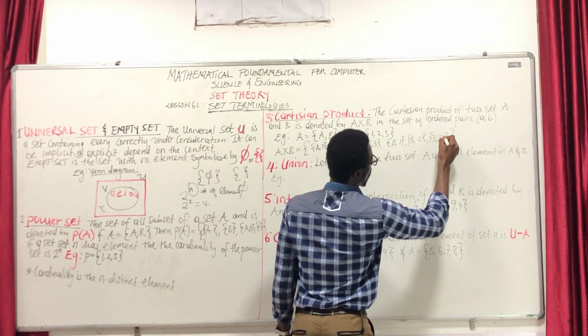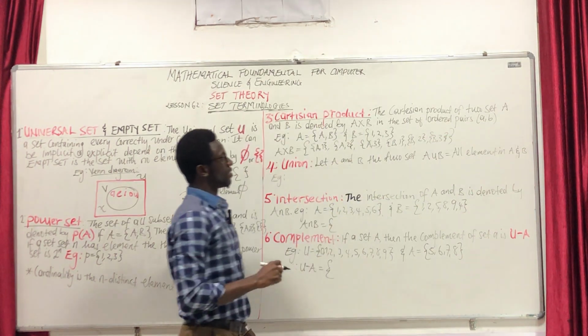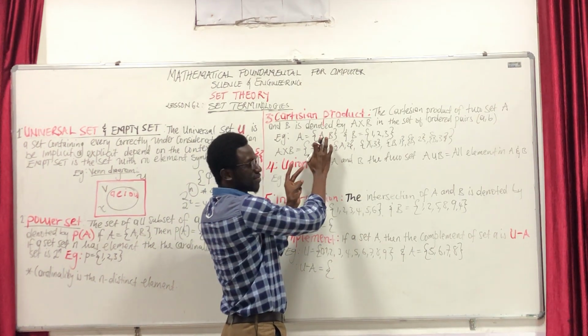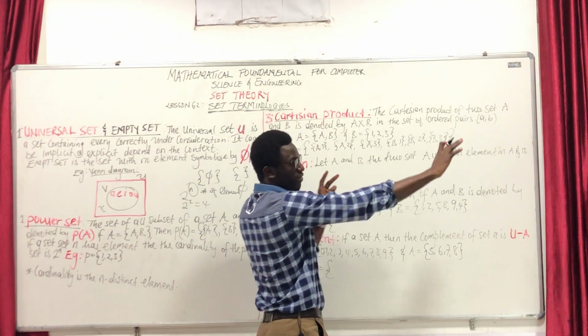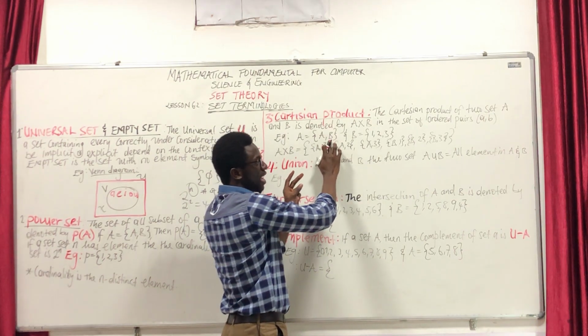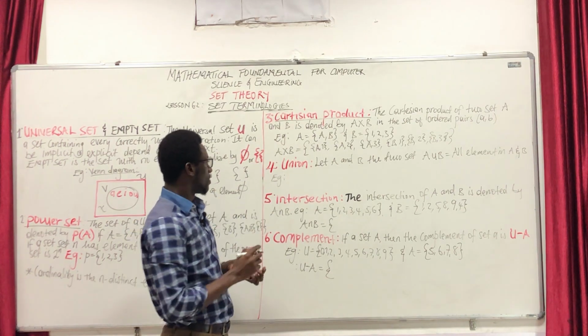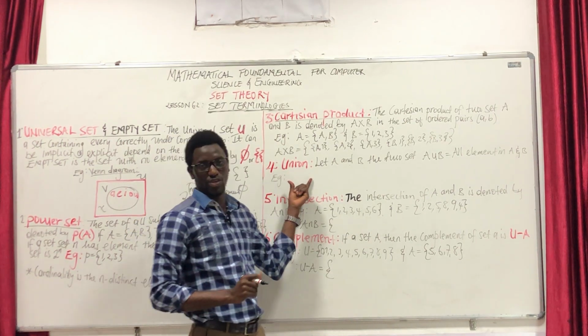Okay, they belong to all these sets. I hope this is clear, right? So to multiply, we first take the first letter and the rest of the elements, then we take the second letter and the rest of the elements. That's the Cartesian product.